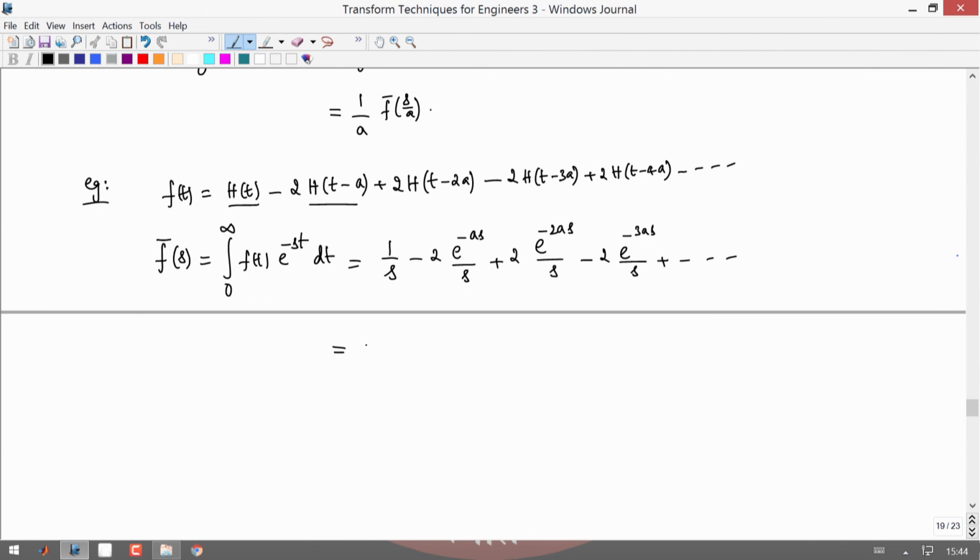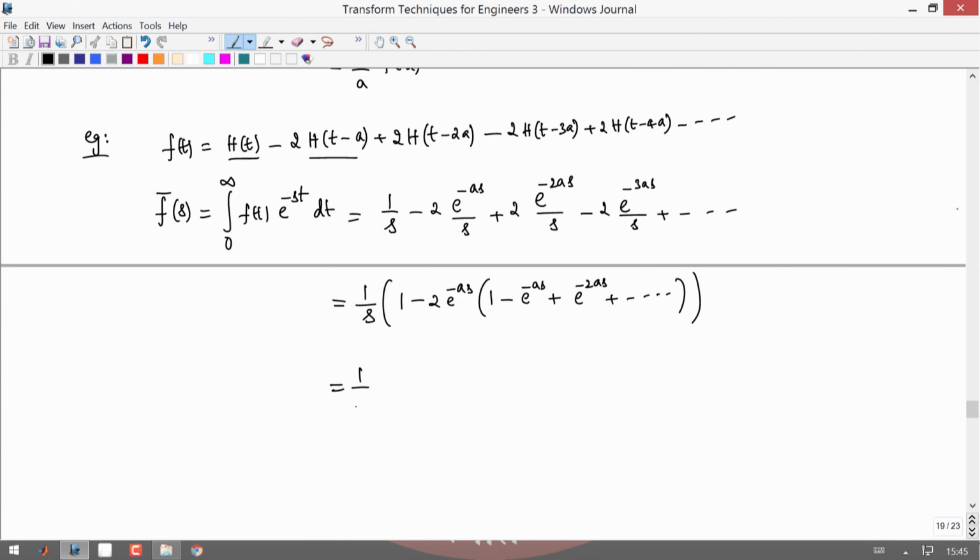So, 1 by s comes out if you take it common, and you have 1 minus 2 times e power minus as plus e power minus 2as and so on. You will be getting this series inside.